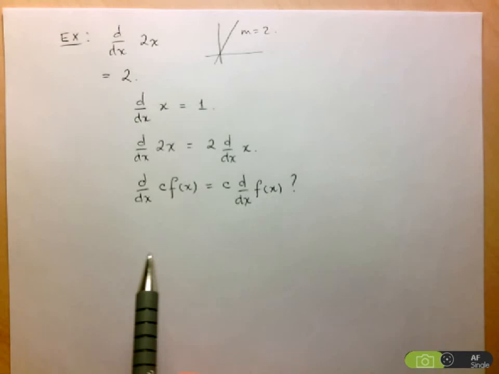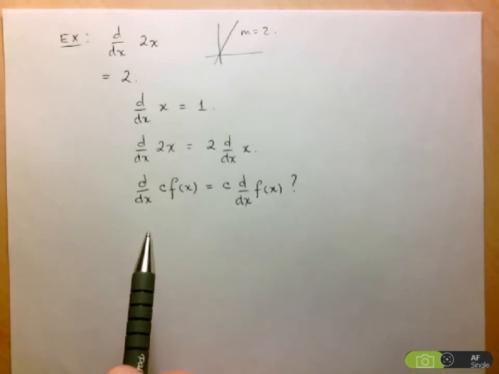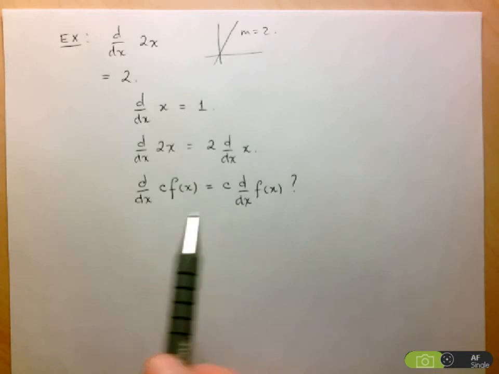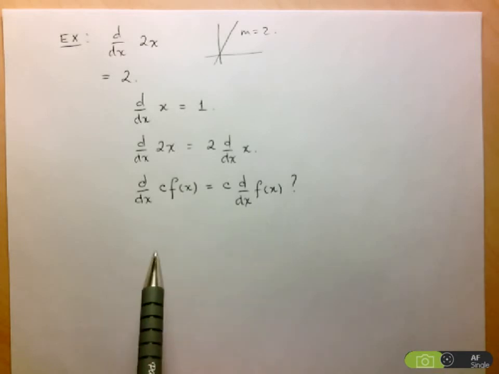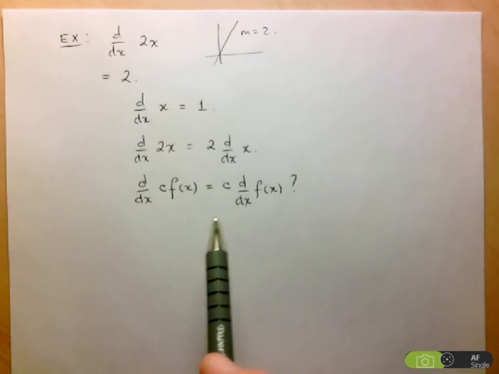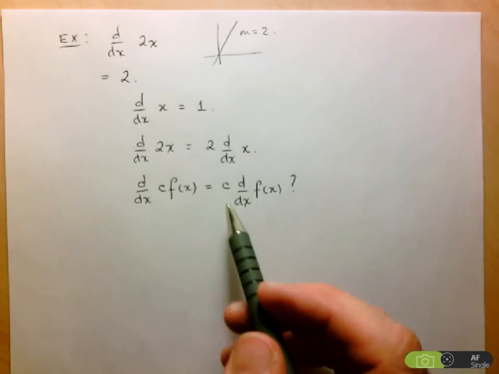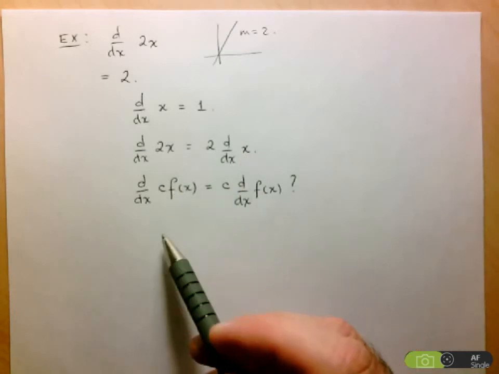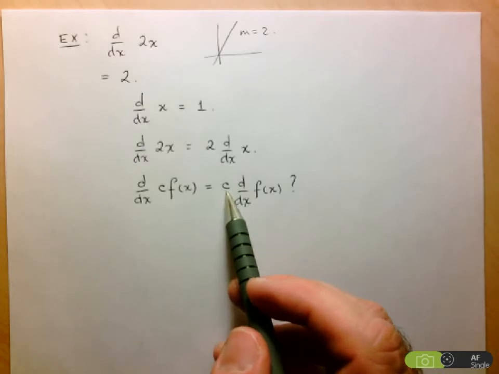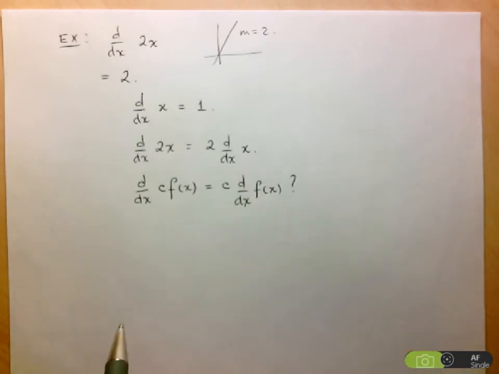This is a real help because if we know what the derivative of x cubed is, we'll also know the derivative of 3x cubed, 4x cubed, 10x cubed, negative 7x cubed. Once we find the derivative of, say, 4 to the x, then 2 times 4 to the x should also be easy to find. So the idea is that multiplying a function by a constant is the same as multiplying that constant by the derivative of the function. This is one of the things that we're going to be proving in this video.